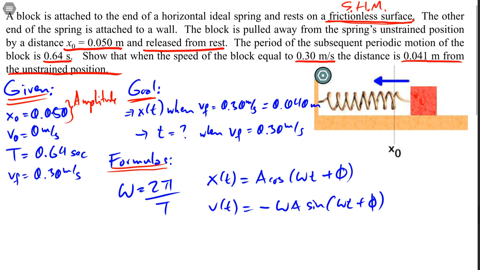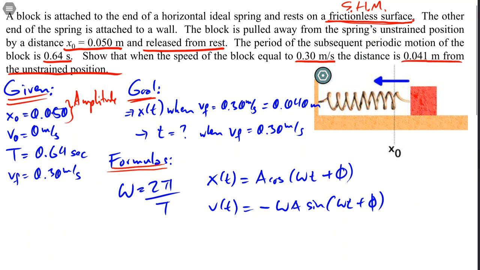But we'll get to that later. The next very important piece of information is that the period of this mass spring system is 0.64 seconds. I put that down here, and we'll need that to solve for something else later, and then get to the goal.